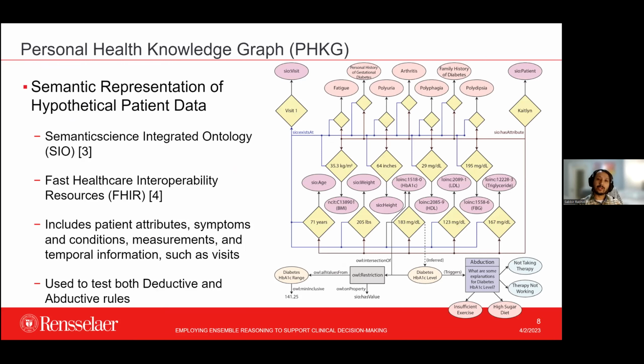And then we also represented the NetCE patients as personal health knowledge graphs. So we used an existing ontology, SIO, as well as concepts from FHIR, mostly LOINC concepts and NCIT. And what we did was we included patient attributes, their symptoms, conditions, measurement values, visits, and used that to reason over the patients.